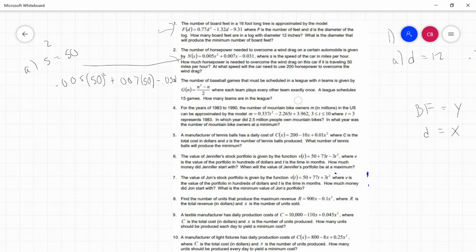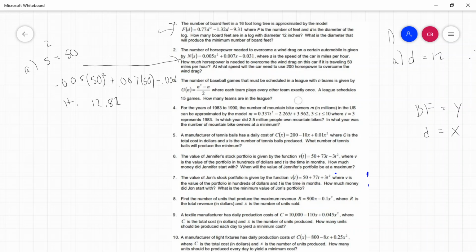And you get a number, which is 50 times 50 is 2,500, I believe, times 0.005 plus 0.007 times 50 minus 0.031. That is 12.81 or 82. So you need 12.82 horsepower to overcome a wind drag, if it's traveling 50 miles per hour.